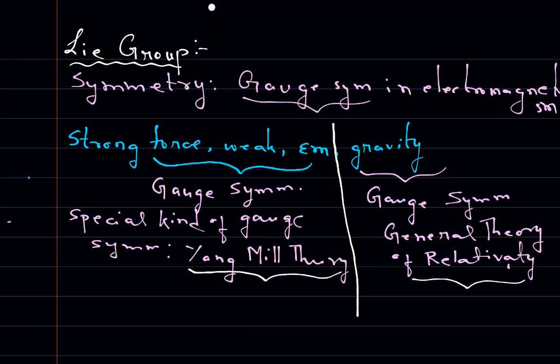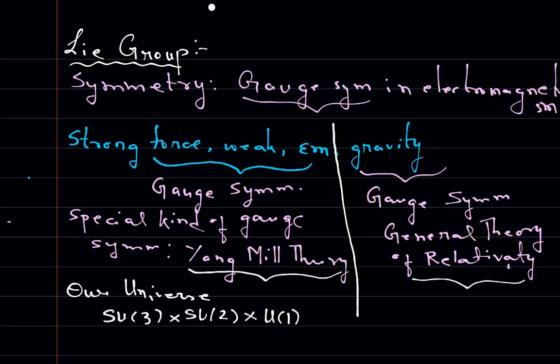Using this, we all know that we have this standard model, the one that you will read in usual textbooks, and in the textbook you will see this phrase to be written, that our universe, and you will see this weird looking thing, SU3 cross SU2 cross U1.